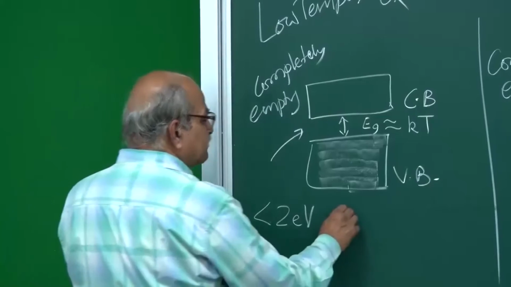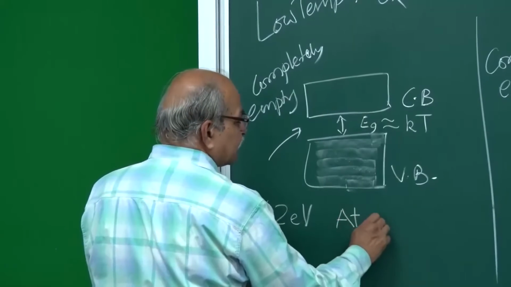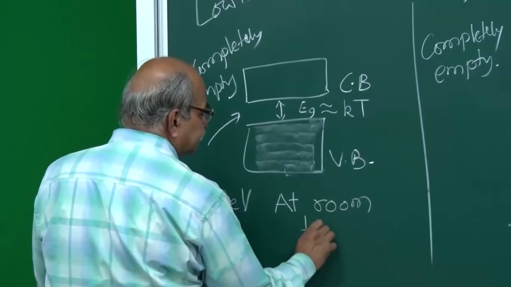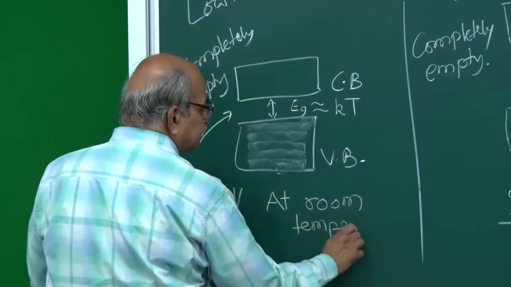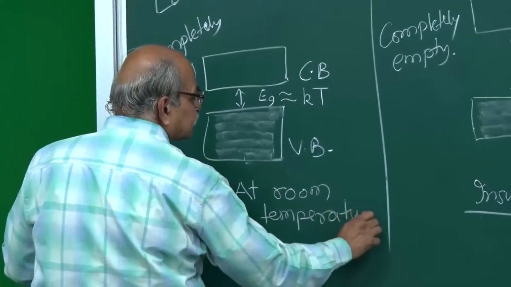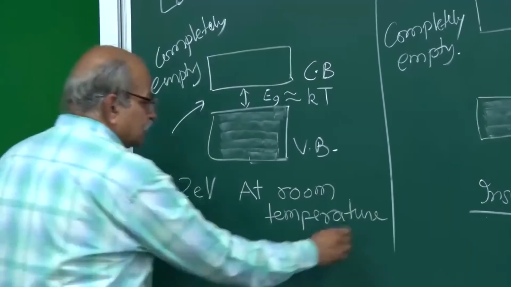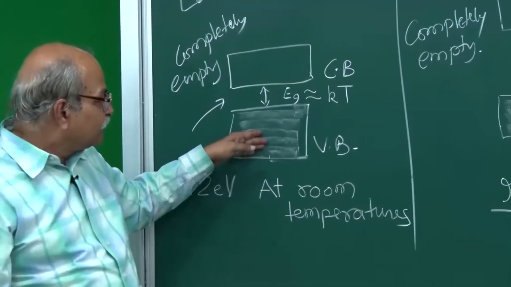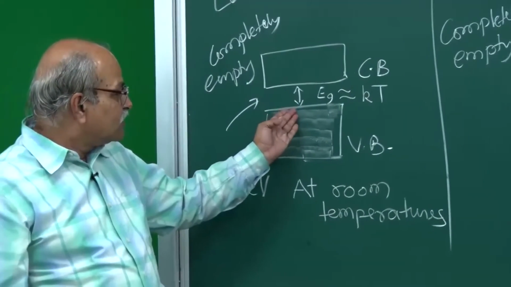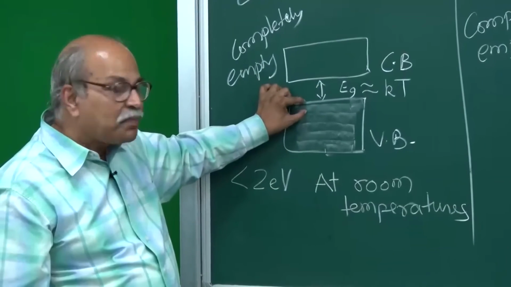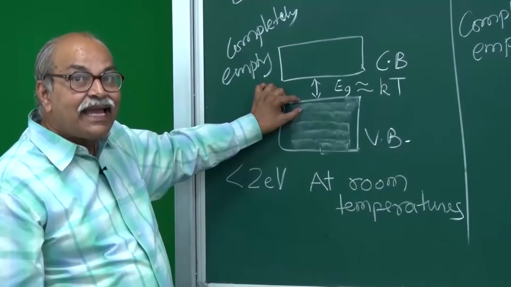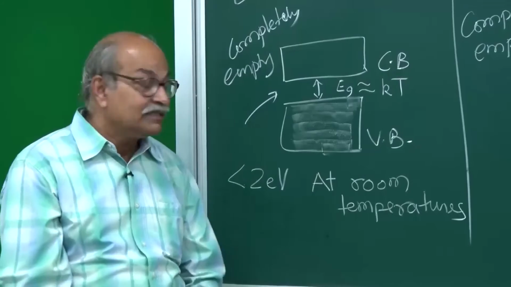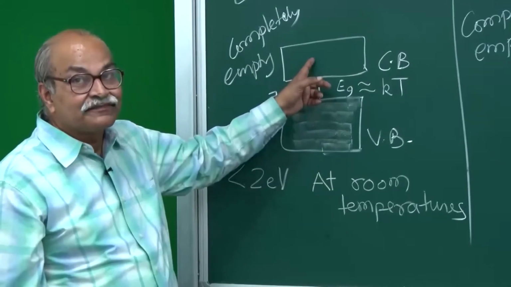So at room temperature or at elevated temperatures or normal working temperatures, some of these electrons here, the valence band electrons here, which are near the top of this, can accept energy through these thermal interactions and move here.